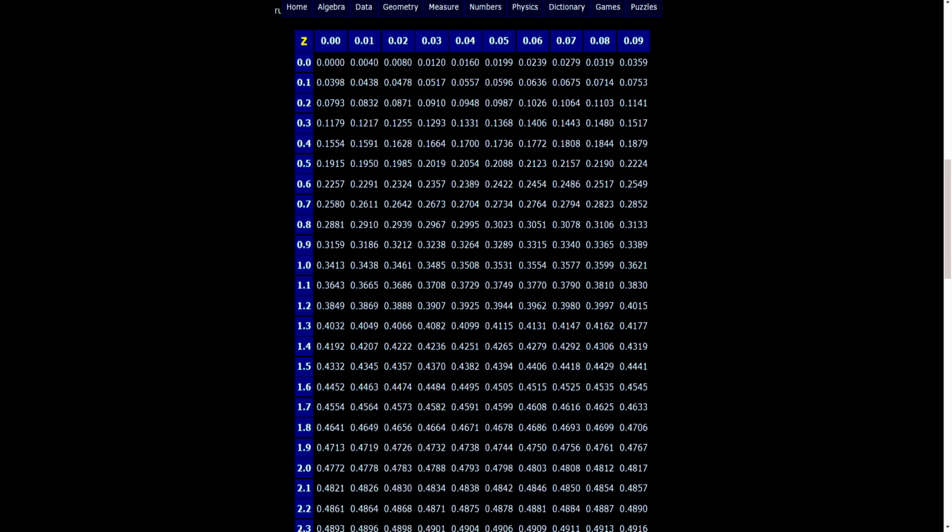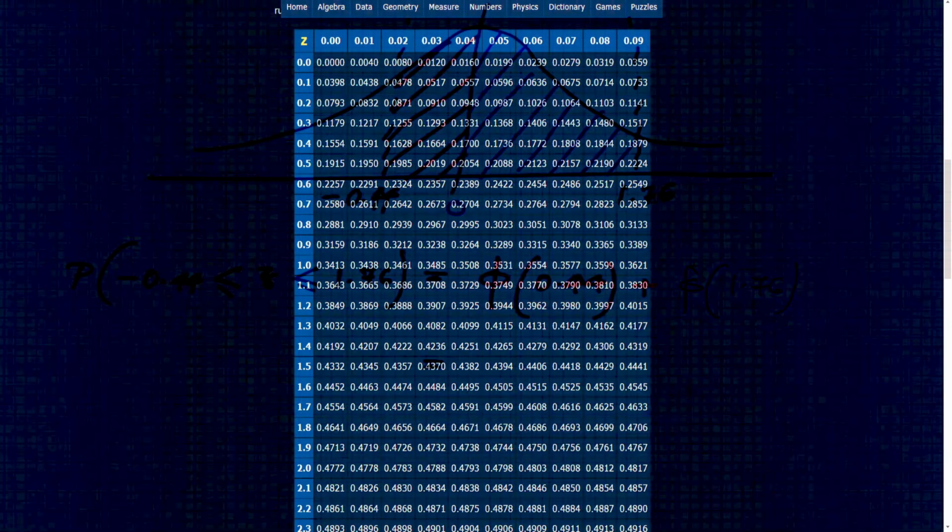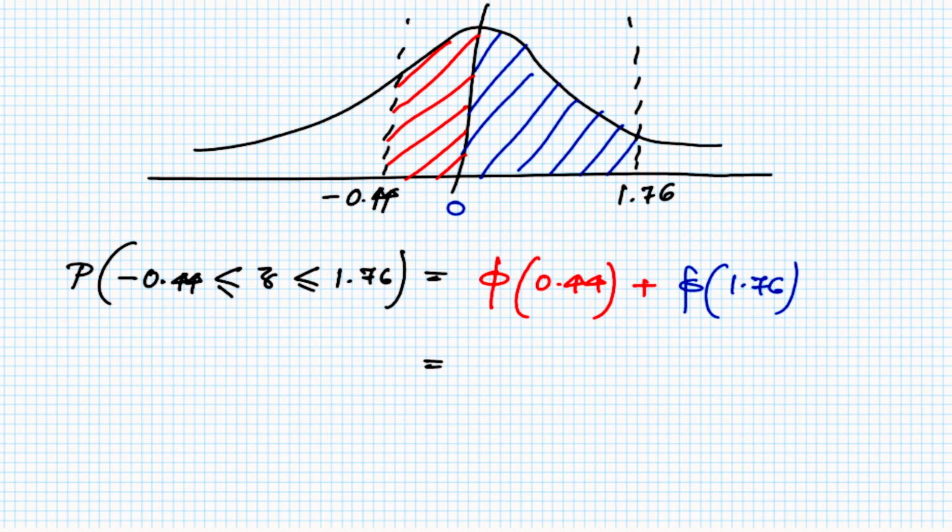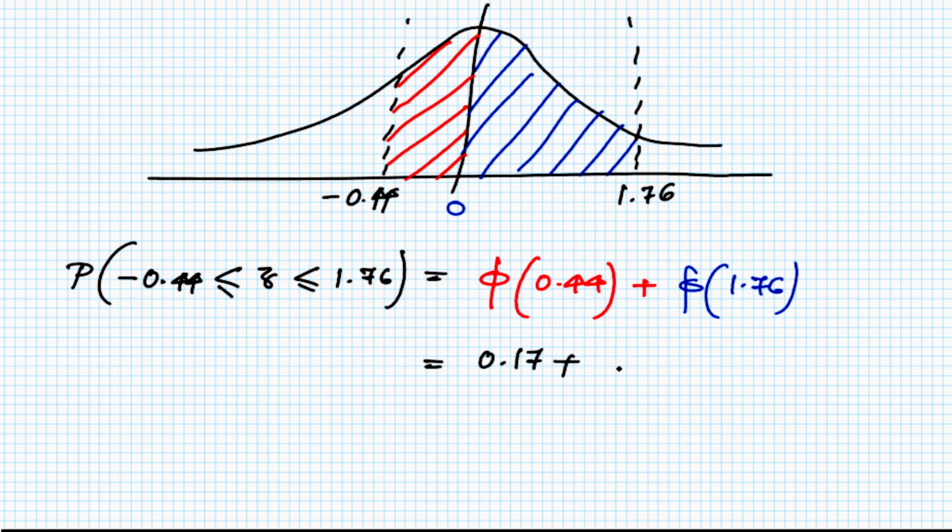So that is the answer corresponding to this given question. Let me write that answer here. So how much did we get? We have 0.1700 plus 0.4608. So the total area required is 0.6308.